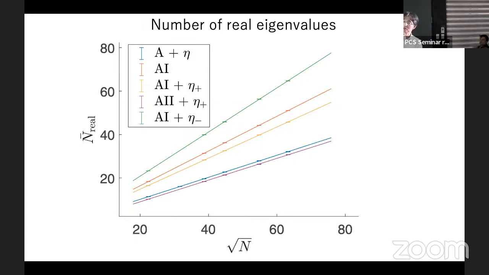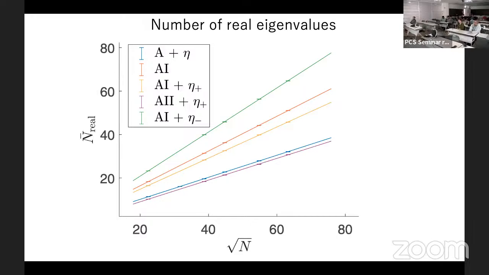This is the number of real eigenvalues as a function of the square root of the matrix dimension, which is on a single line. So the number of real eigenvalues is proportional not to the matrix dimension, but to the square root of the matrix dimension.